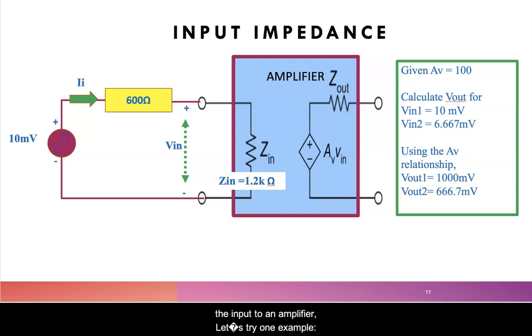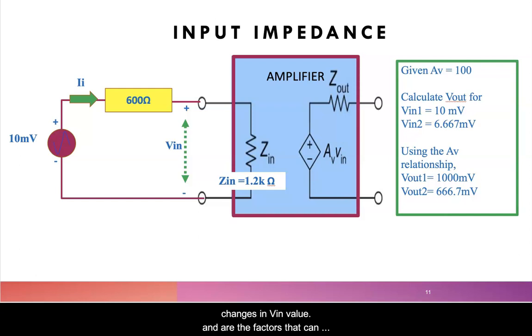Let's try one example. Assume that the A_V is 100. Find the value of Vout for V-in1 equal to 10 mV and V-in2 equal to 6.667 mV. Straight away we can see that Vout1 will be equal to 1000 mV and Vout2 will be equal to 666.7 mV, and these are due to the changes in V-in value.